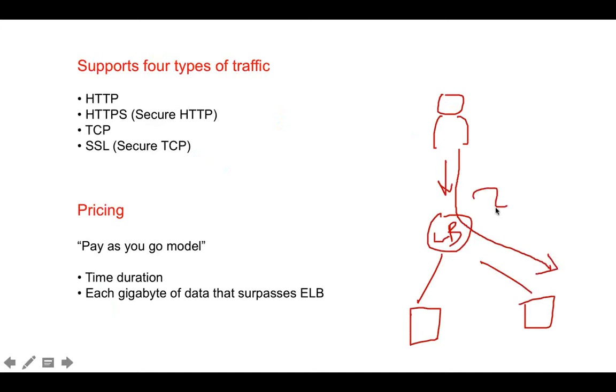This amount of traffic that surpasses the load balancer and reaches your instance is calculated on a per gigabyte basis. So you have to pay for each gigabyte of data or traffic that surpasses the load balancer and reaches your instance. This is how the pricing is determined for your Elastic Load Balancer.